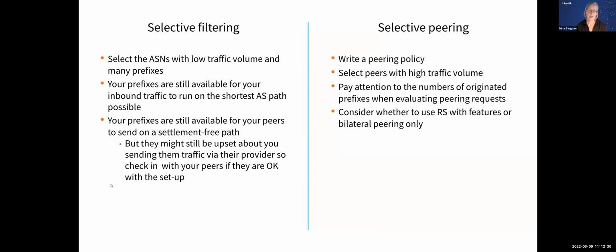So it's all a balance, and it's all about trying to guess what is going on on the other side of the table, and how happy they will be with the solution that you decide to do. And again, the best part is to go have a chat with them and talk about your issues.